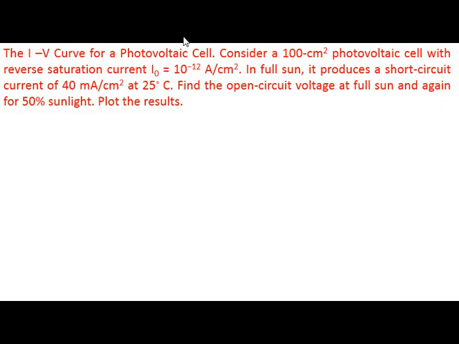We want to calculate the open circuit voltage at full sun during the day, and also in the evening, after 3 or 4 o'clock, when the sun rays are reduced to 50% sunlight. How much voltage is the panel able to generate?